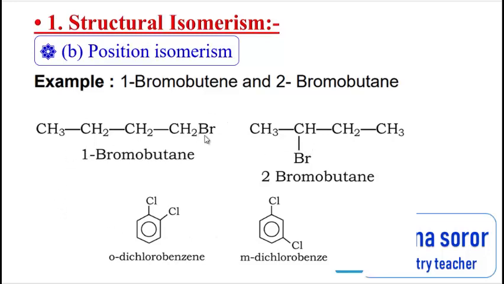The first one is connected with a bromine atom as a terminal atom, but in the second molecule, the bromine is connected with the second carbon atom. The second example, ortho-dichlorobenzene and meta-dichlorobenzene. In this molecule, the second chlorine atom is connected in the ortho position. In this molecule, the chlorine atom is connected in the meta position.